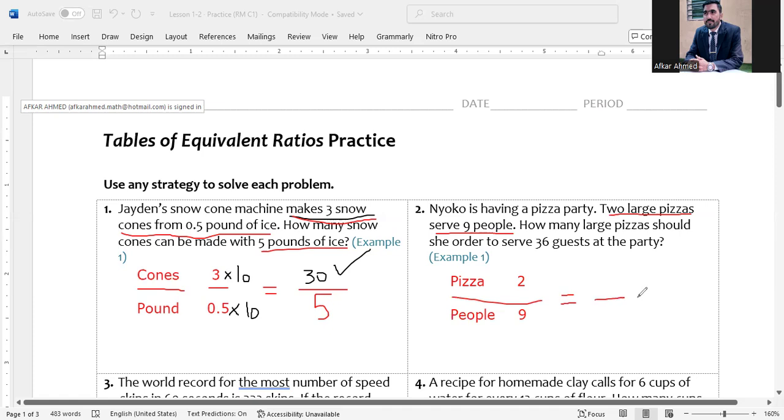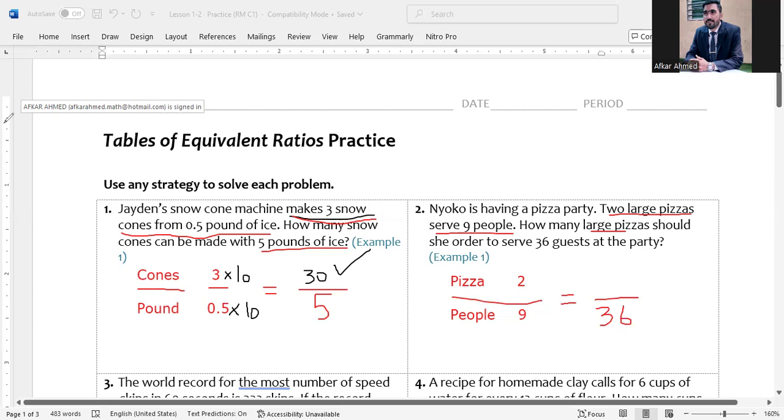And now I will write the second fraction which is given here. How many large pizzas? That is, you need to find the upper value. How many pizzas should she order to serve 36 people? So we are given that the guests are 36. This number is again the missing one. How many pizzas do we need to serve 36 people?